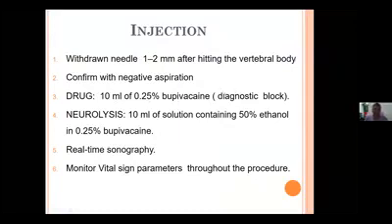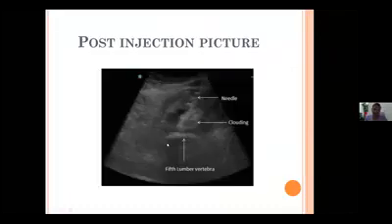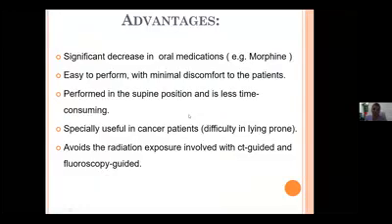If the diagnostic block is successful, then we do a therapeutic block by neurolysis or other drug, depending upon drug availability. Real-time ultrasound shows the flow of the drug, clouding above the needle.